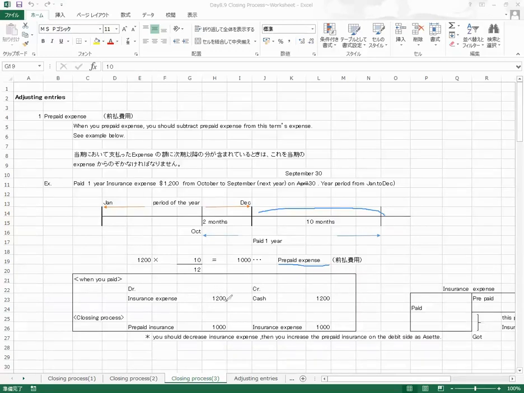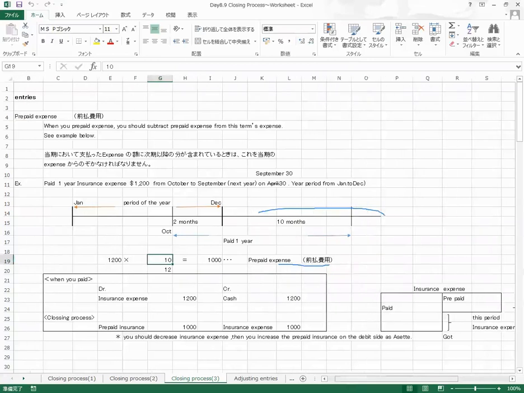You should decrease insurance expense, then you increase the prepaid insurance on the debit side as asset. That's how it works. Is that okay?